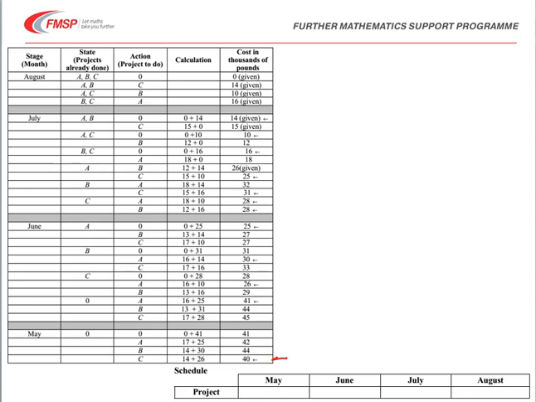So we're going to start off in May by doing the project C, which means that in June we end up in state C, and if we look at that, the next one there is to do the A. So in June we do A, which means that in July we must end up in state A and C, which is here.